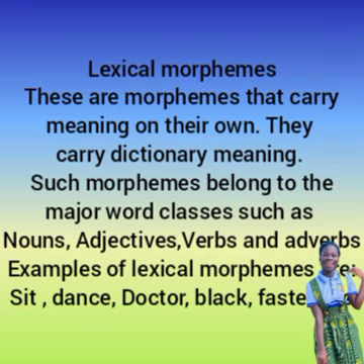Such morphemes belong to the major word classes, such as nouns, adjectives, verbs, and adverbs. Examples of lexical morphemes are sit, dance, doctor, black, faster, etc.